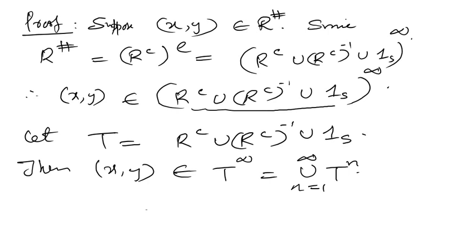So since xy is in T power n for some n, it means that we can find n elements x to z1, z1 to z1 dash, which is equal to z2 to z2 dash.